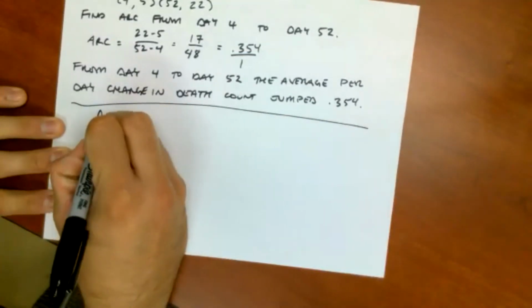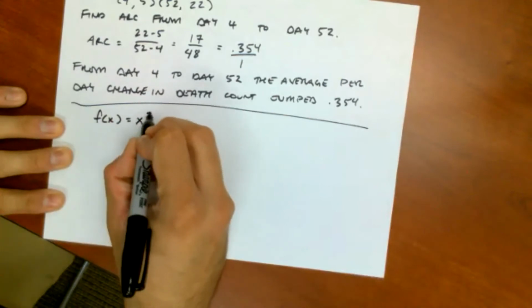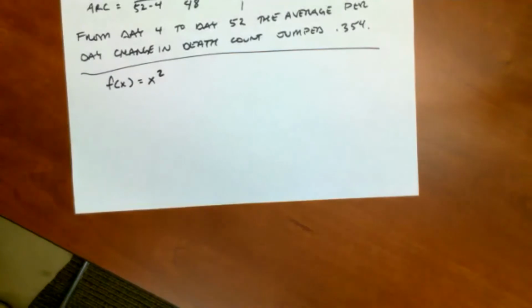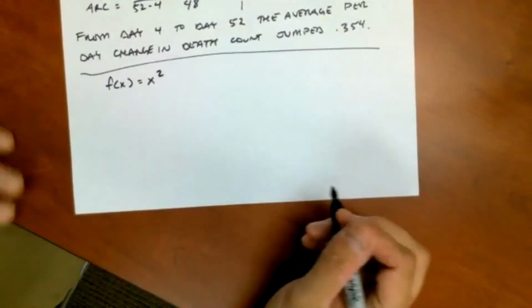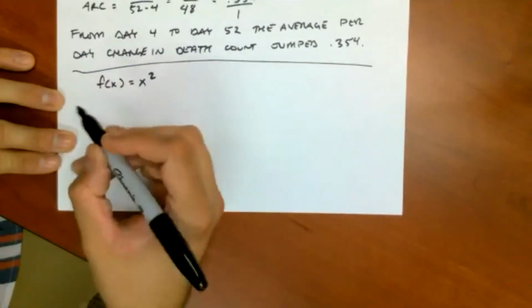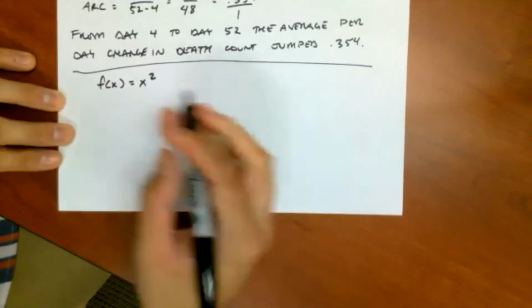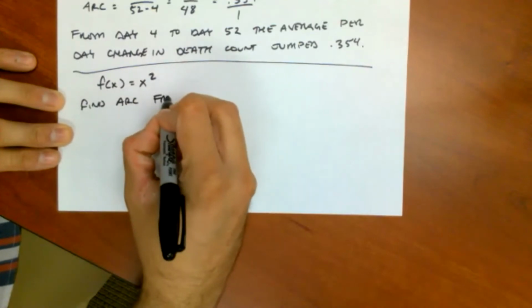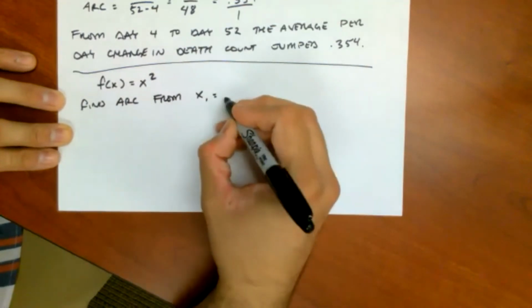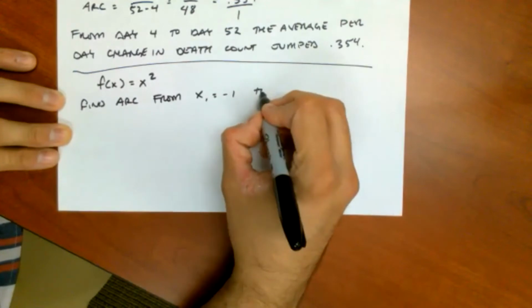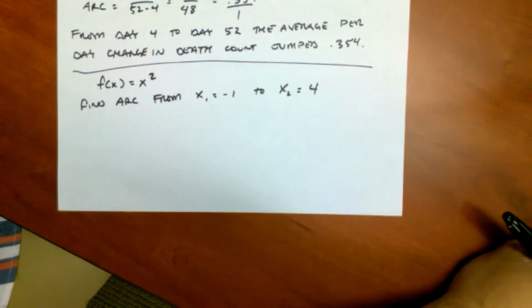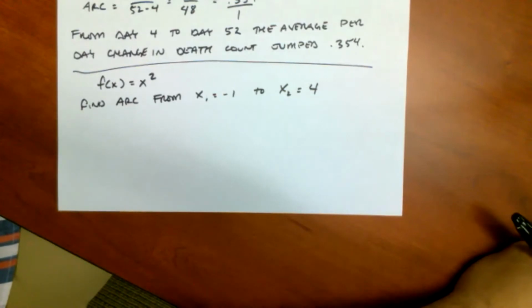Let's say we've got f of x equals something really easy, x squared. Okay, f of x equals x squared. And I'm going to state it the same way. You've got to be given 2 x values. I want to find the average rate of change from, we'll say x1 being -1 to x2 being +4.